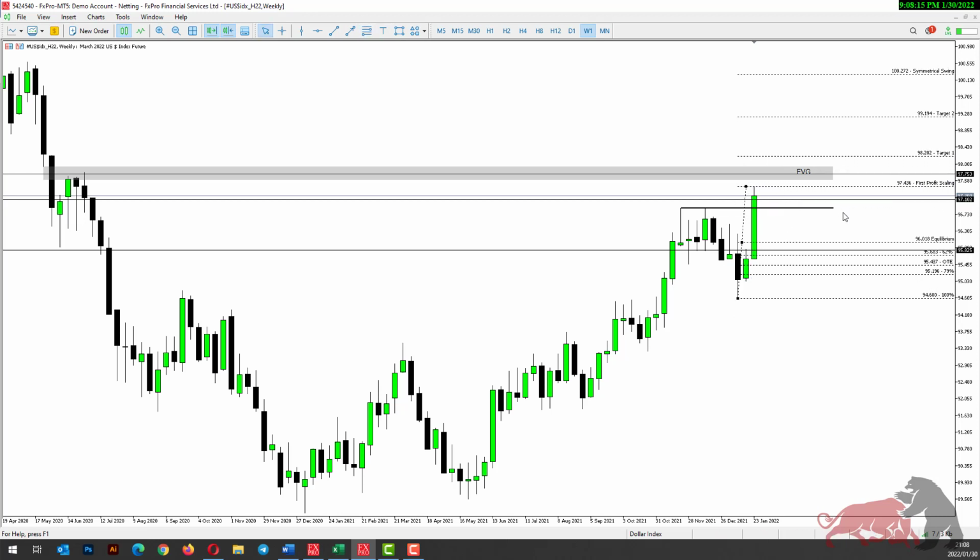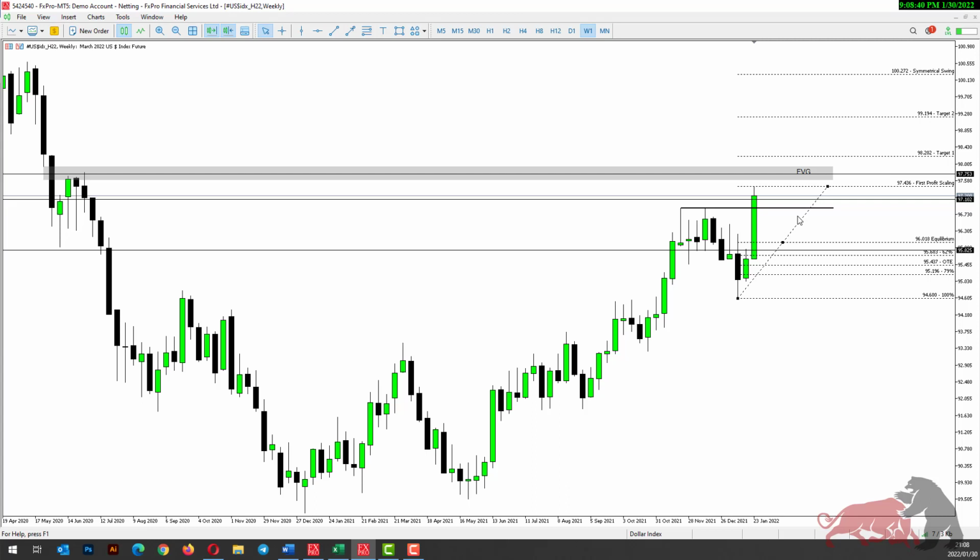But when we put our fib levels so that we can see where is our discount and where is our premium range, right now we need to be looking for a discount range for our entries. I wouldn't advise you to trade to the downside on dollar. I wouldn't advise you to short dollar at the moment.